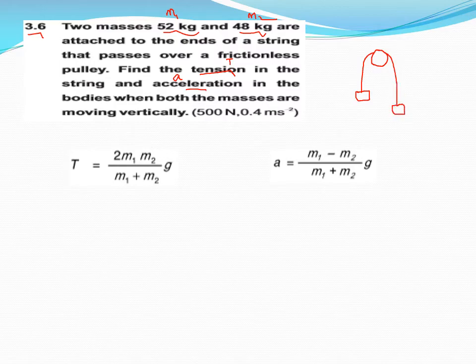Here this is M1 and this is m2, and these two are attached at the ends of the rope and passing over a pulley. This setup is simply called the Atwood machine. The Atwood machine is given in detail in your book.